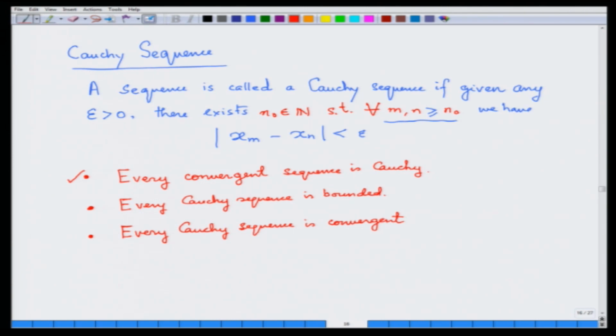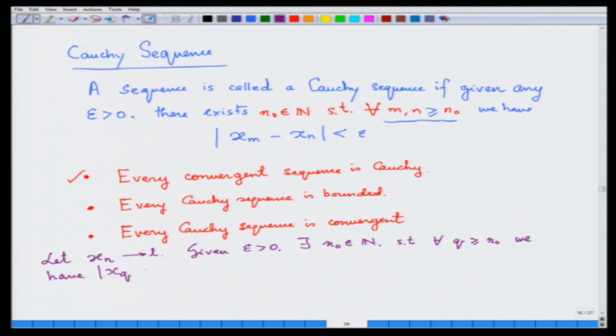So, take a convergent sequence, let x of n go to L. Now, given epsilon greater than 0, there exists some n naught depending on epsilon, a natural number, such that for all q bigger than or equal to n naught, we have mod of x q minus L strictly less than epsilon, or to make it a little better, I will take epsilon by 2.